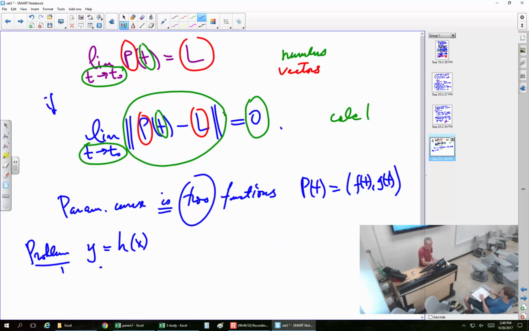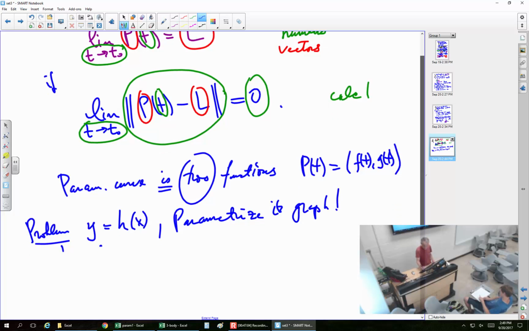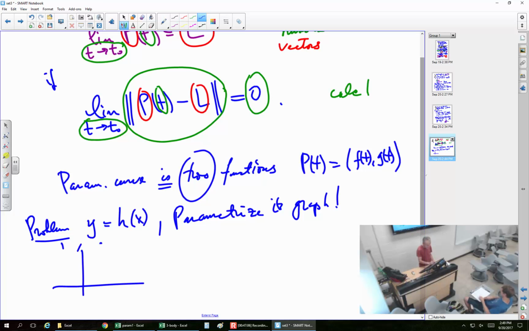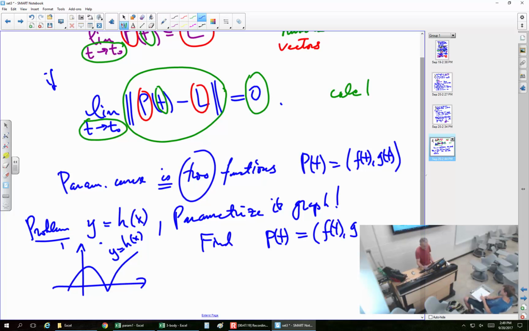That's the way to put it. The graph might look any way you can imagine, but it's still an entirely calculus 1 problem, y equals h of x. Parameterizing the graph means finding p(t), once again two functions f(t), g(t). As you can see, in the original setting there is no t. There is x and y, nothing else.